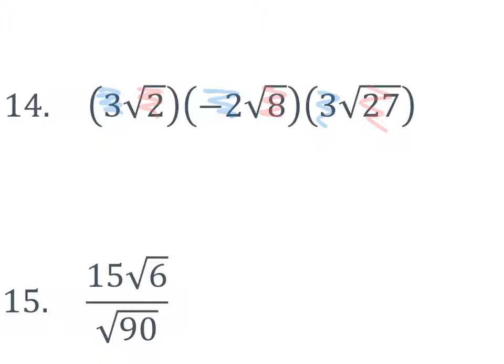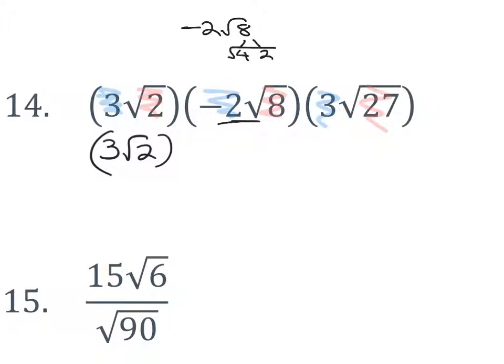I can't break down the square root of 2 anymore, so I'm going to leave that one. Then this next one in the middle, I'm going to break down the square root of 8. So I can factor this into 4 times 2. Everybody good on that? And then I could still break the 4 into 2 times 2.